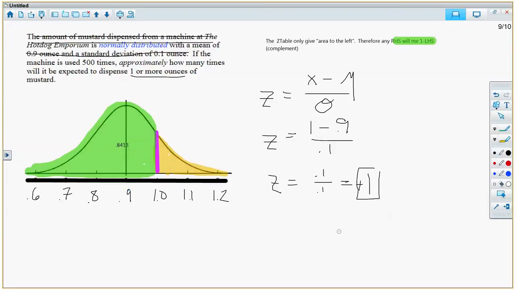So the area of the yellow region is equal to 1 minus 0.8413. Now what's a dollar minus 84 cents? 16 cents, but you know it's going to be a little less than 16 cents, so it's going to be 0.1587. So the area of the yellow region is about 16%.